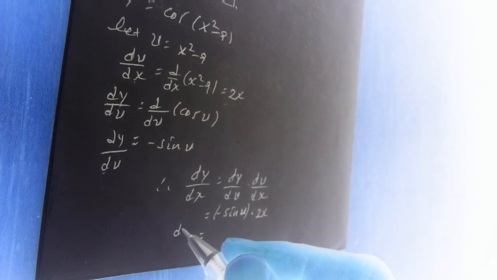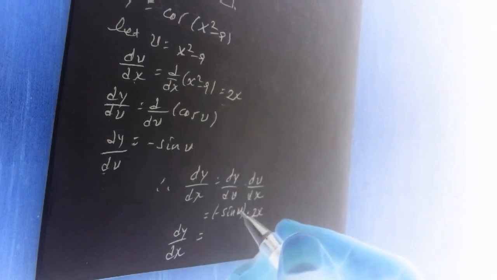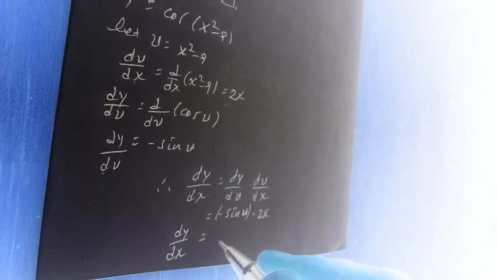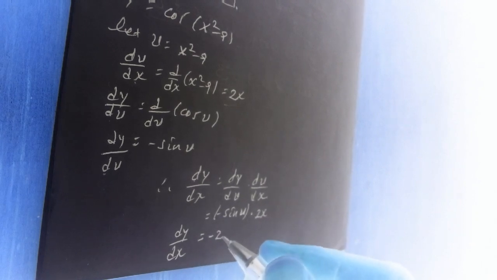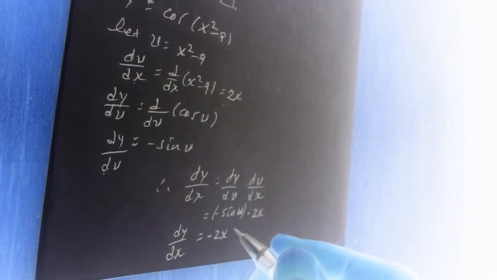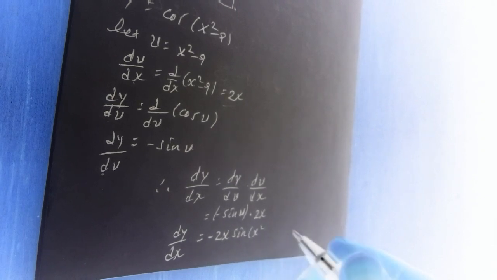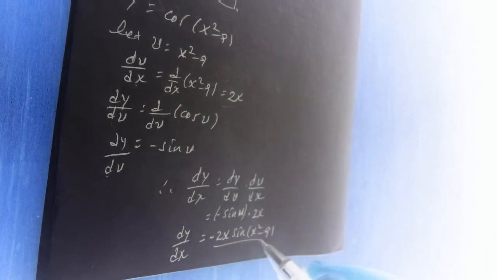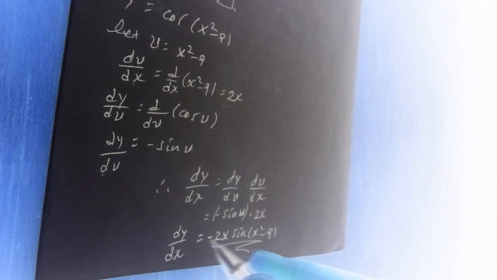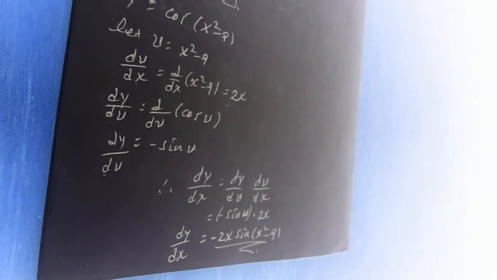Therefore, substitute the value of u in its position: minus 2x sin of x squared minus 9. This is the derivative of y equals cos of x squared minus 9.